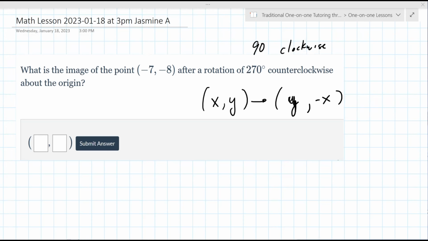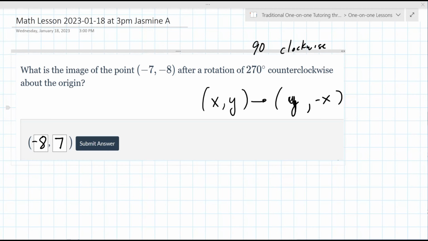I think this is probably the one I sent you once before. Yeah, I'll send it over again in case you need it. Throw it in the chat here. Okay, so your Y is -8, and then X is negated, so it becomes 7. Is that okay? Is that clear? Yeah. I mean, once you have the formula, it's not all that difficult to do.